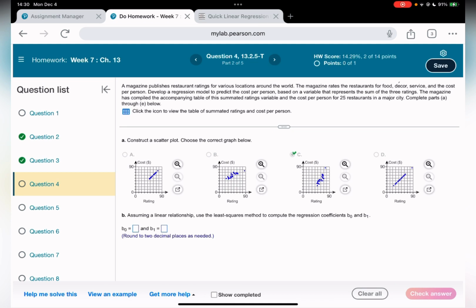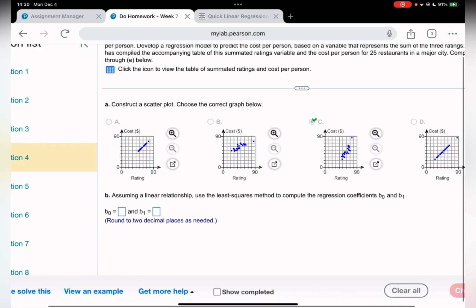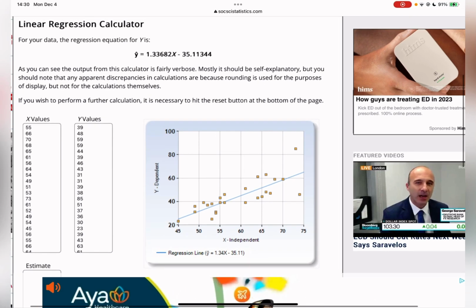All right, now we are going to solve the second question. Let's find out what's happening here. So, assuming a linear relation, use the least squares method to compute the regression coefficients B0 and B1. Okay, I can show you from here.